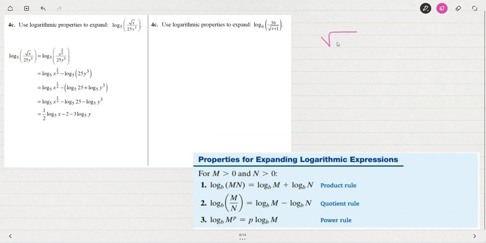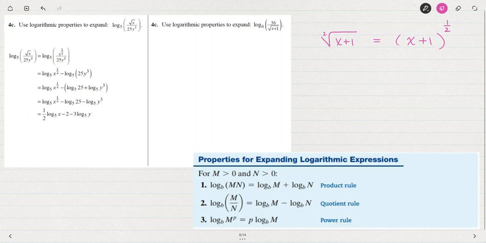The square root of x plus 1, if I rewrite it with exponents, I'd use the rational exponent 1/2. There's an implied 2 in this radical because it's a square root when it's not noted otherwise. So the square root of x plus 1 is equivalent to x plus 1 raised to the 1/2 power.